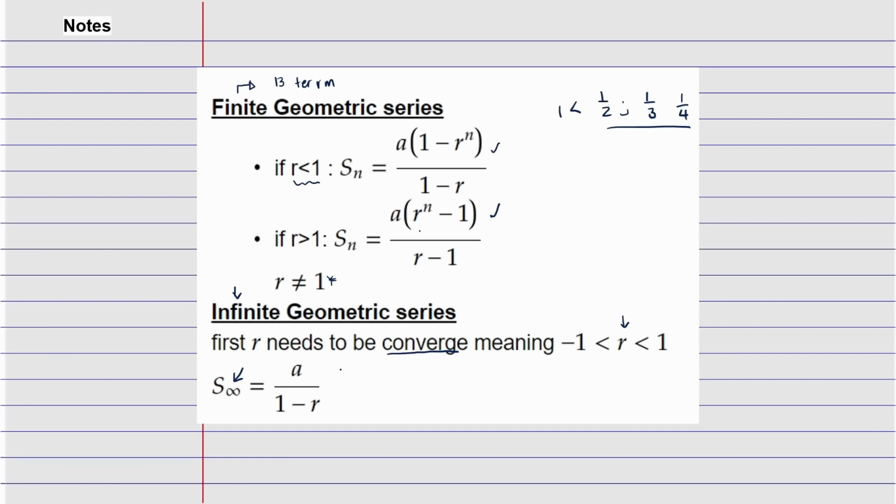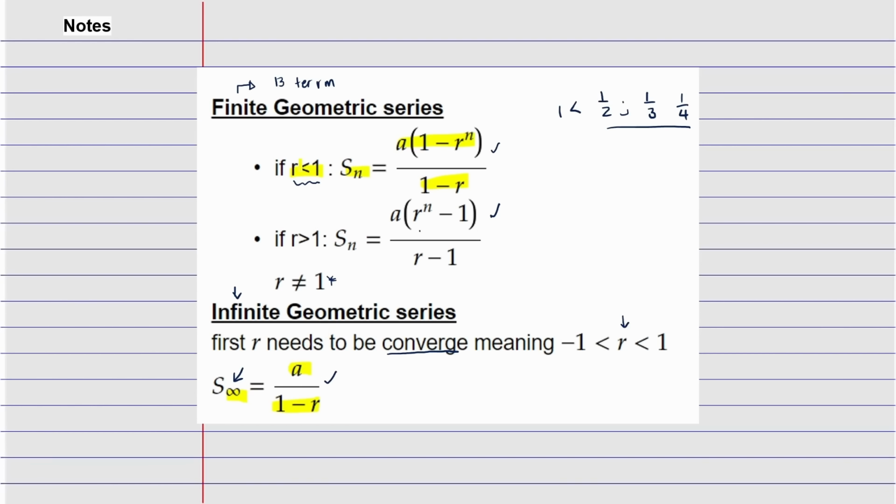And the equation for the sum to infinity is this one. If you look closely, let me just take my highlighter. If you look closely, the sum when r is less than 1, do you see that this one and this one are more or less similar in terms of where the r position is? r is after. It's just that for the sum to infinity we don't have the 1 minus r to the power n, because we're looking for the sum to infinity.